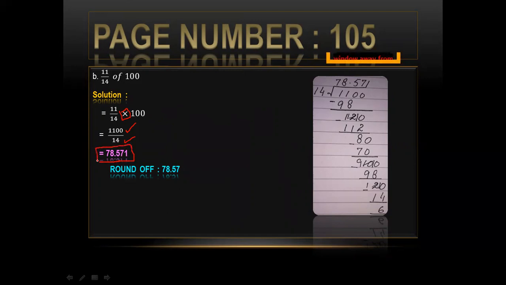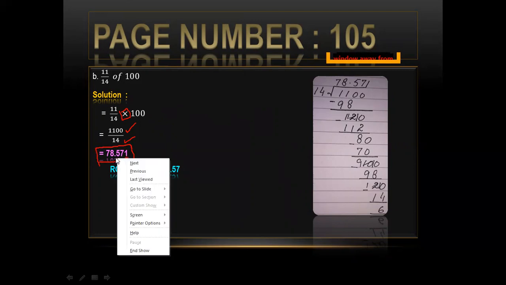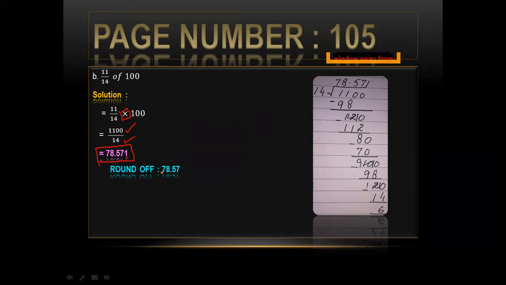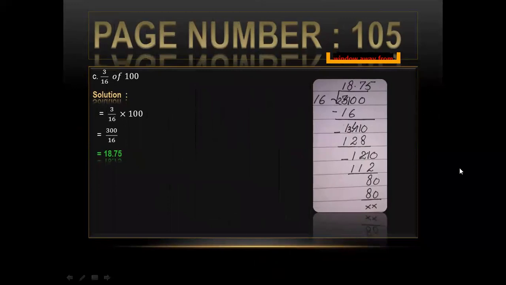Again on the thousandths place, 1 is there. It means that the previous number will not increase. It will be the same. 78.57 is our required answer.